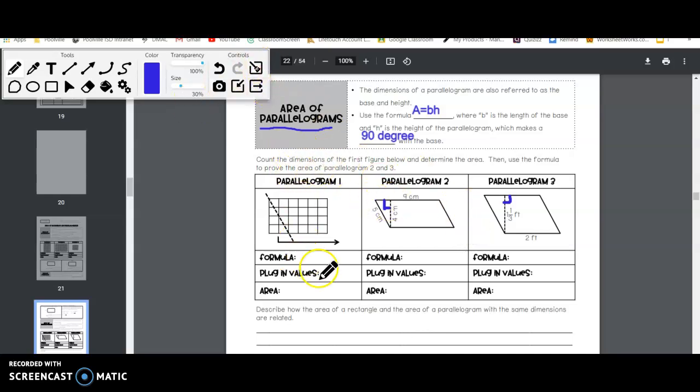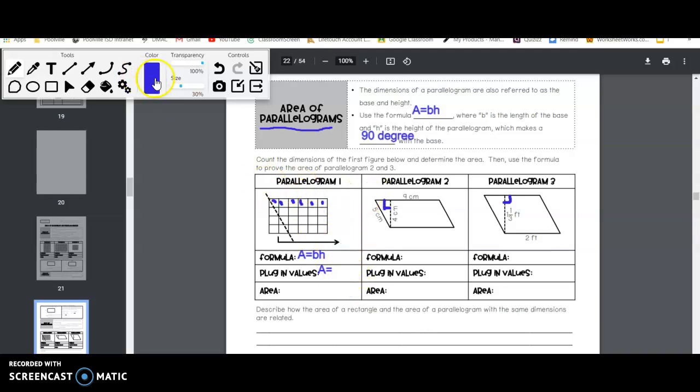So with that being said, let's find the area of some of these parallelograms. So formula again is still A equals base times height, but now we need to plug in the values. Area equals, the base is, let me count these out, 1, 2, 3, 4, 5, 6.